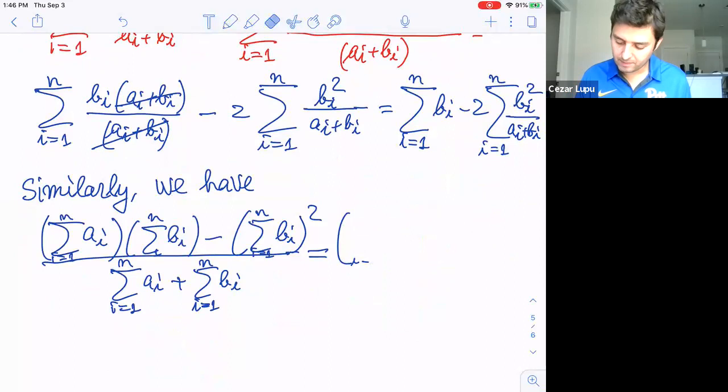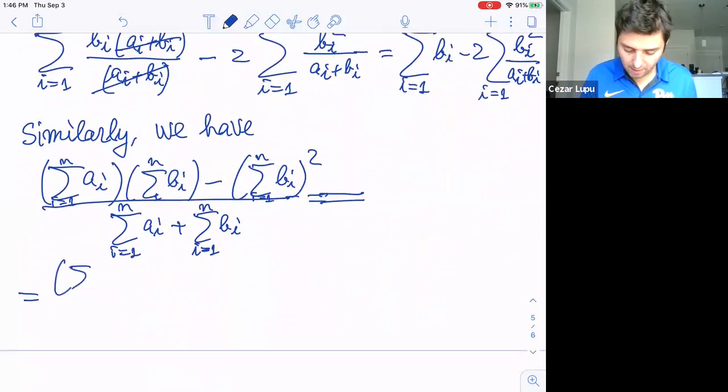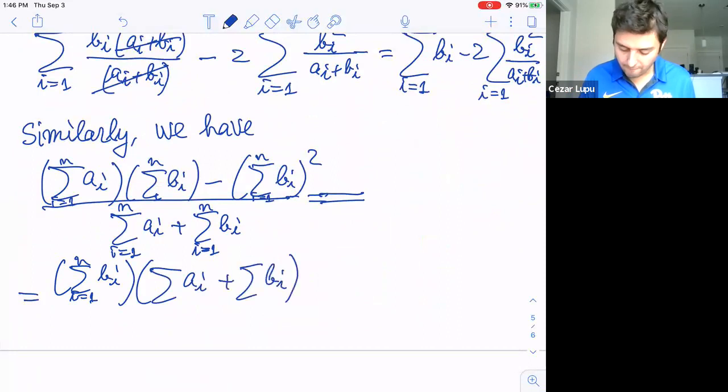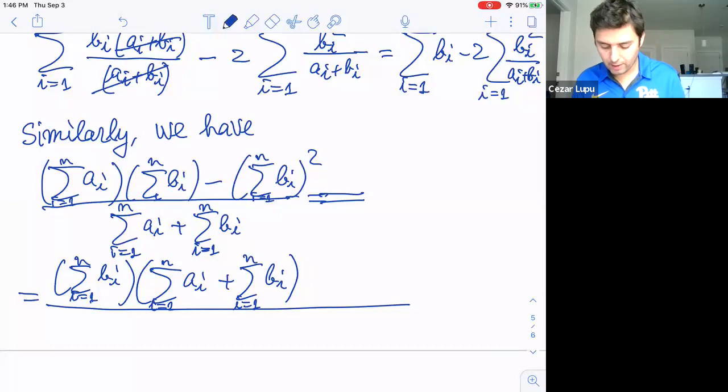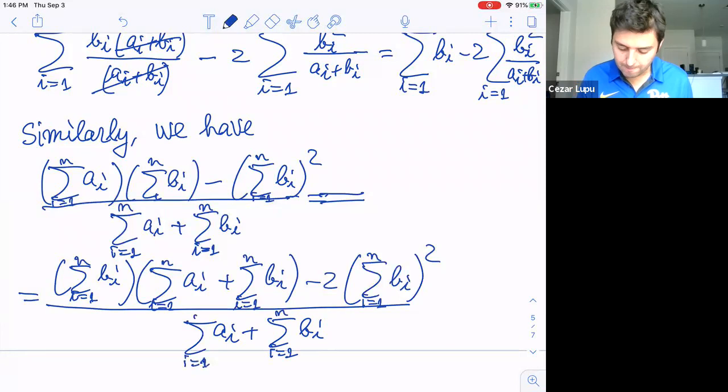Okay, let me write it down. So this will be equal to the sum of b_i times the sum of a_i plus the sum of b_i, minus 2 times the sum of b_i squared. This is the same trick. And here I have everything over the sum of a_i plus the sum of b_i.